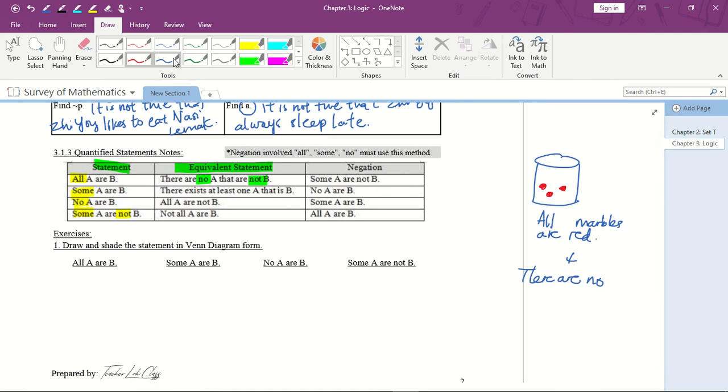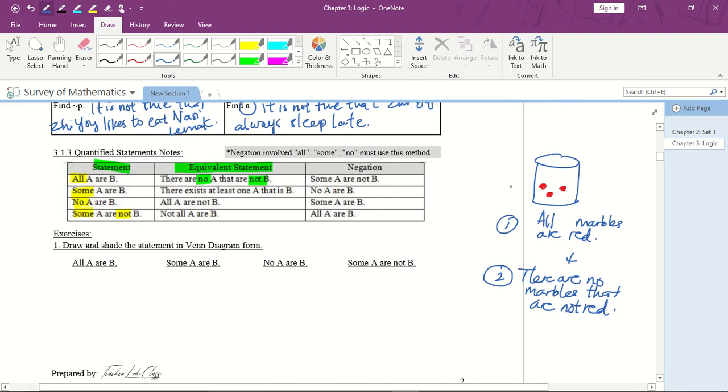So here it will be, there are no marbles that are not red. It makes sense, right? This is a statement and this is the equivalent statement. All marbles are red has the same meaning as saying that there are no marbles that are not red.